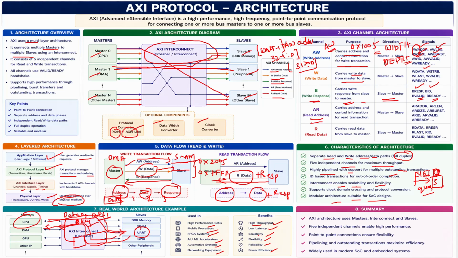Anyone can connect, anyone can disconnect anytime at any place. Scalability means even in large SoCs we can measure how many devices are connecting, which are communicating and which are not, and that will be scalable. Low latency means high speed, high throughput, that means there is less delay. So this is the architecture summary.